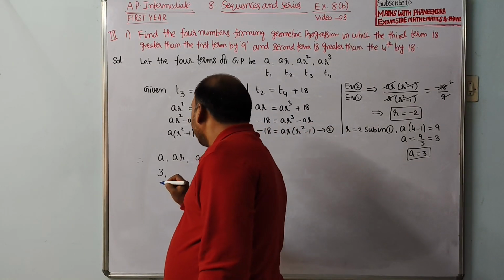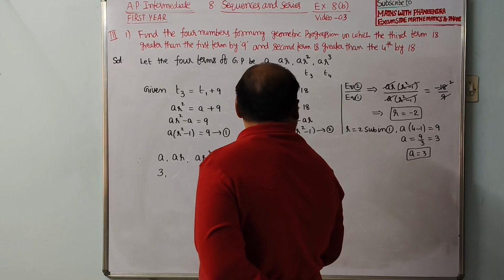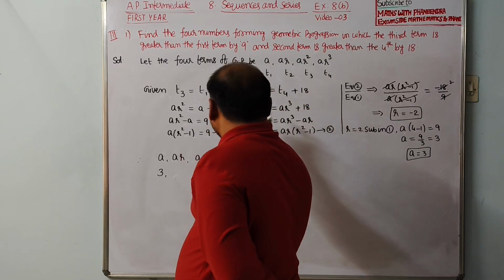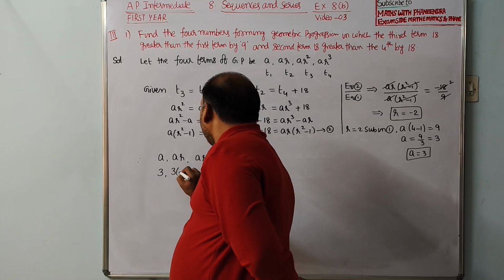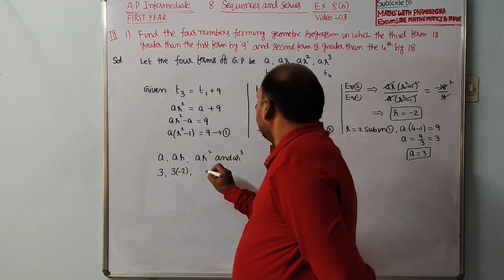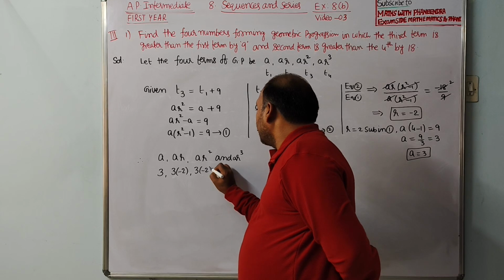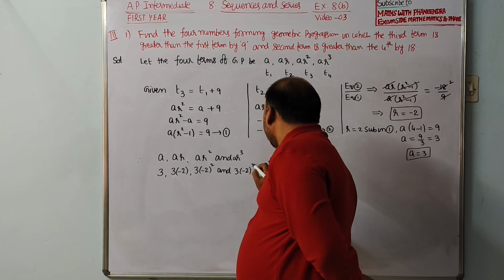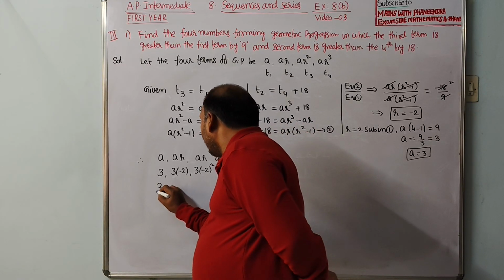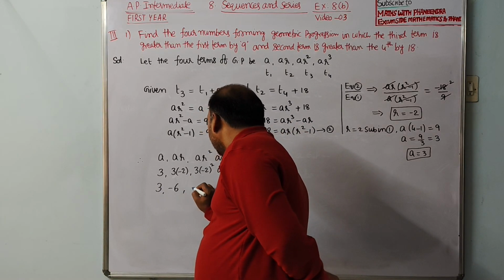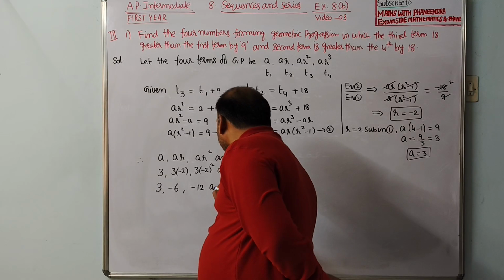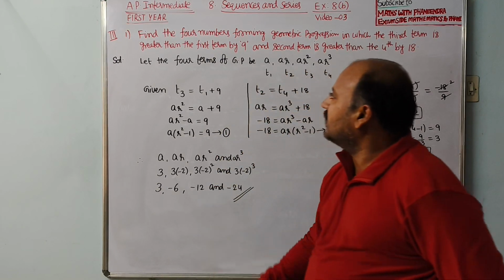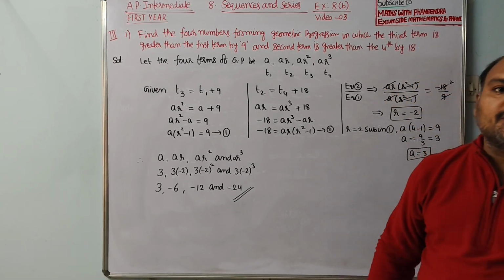We got 3. ar means 3 into r value minus 2, 3 into minus 2 whole square and 3 into minus 2 whole cube. So 3 comma minus 6 comma 12 and minus 24. This is the first question answer dear students.